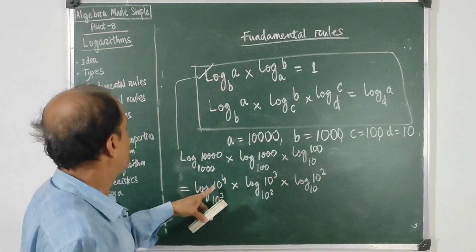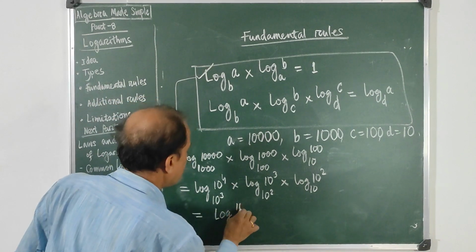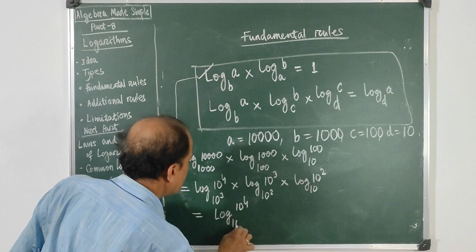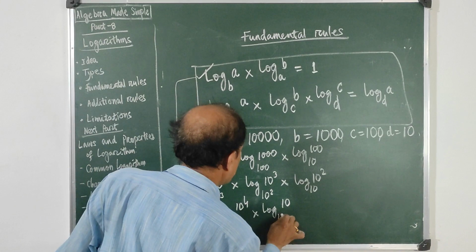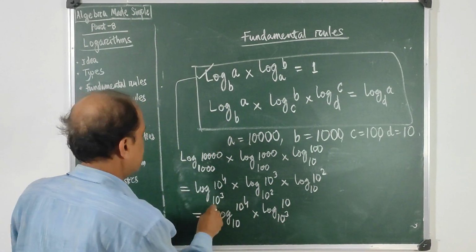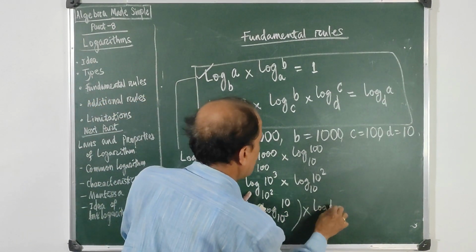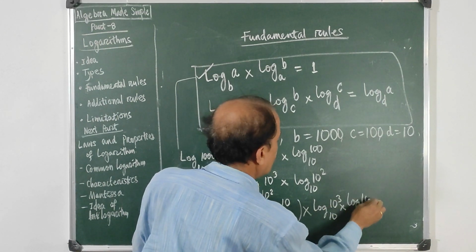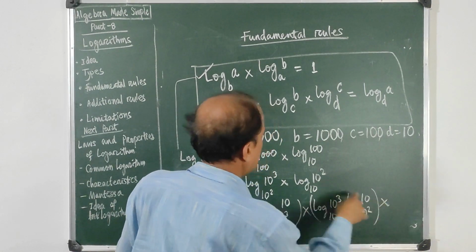So this much is log 10 to the power 4 to the base 10 into log 10 to the base 10 to the power 3, and this much is log 10 cube to the base 10 into log 10 to the base 10 square, and this much is 2.